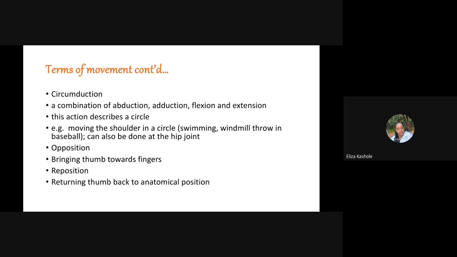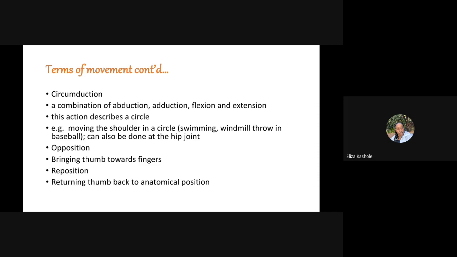Opposition. So this is opposition of the thumb. The opposition of the thumb is just bringing the thumb towards the fingers. So the little finger, the third finger, the middle finger, and the first finger there. All right.